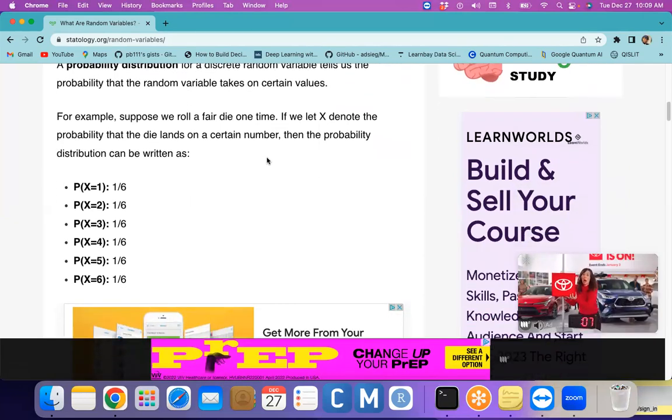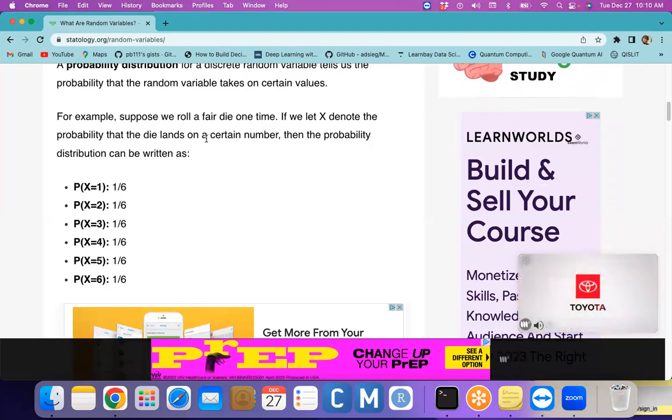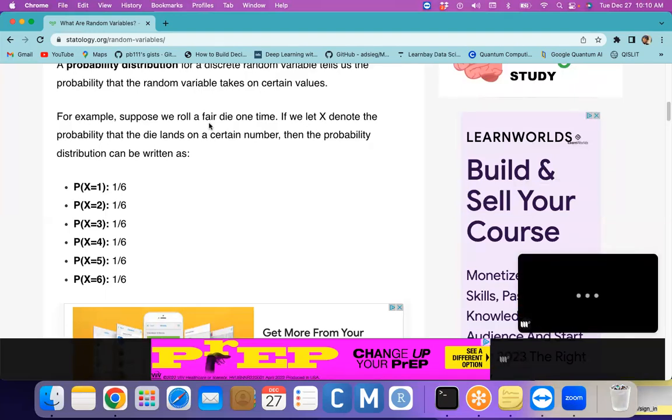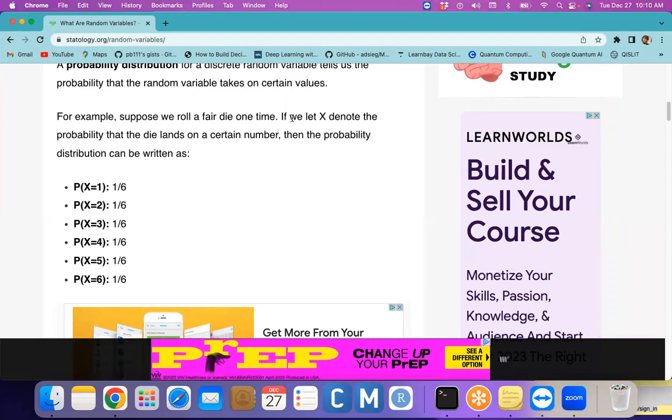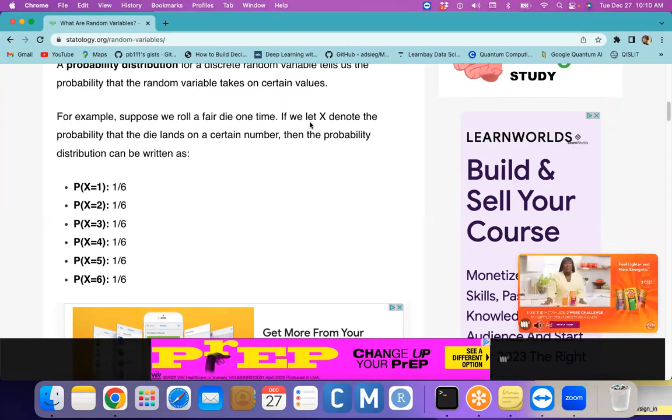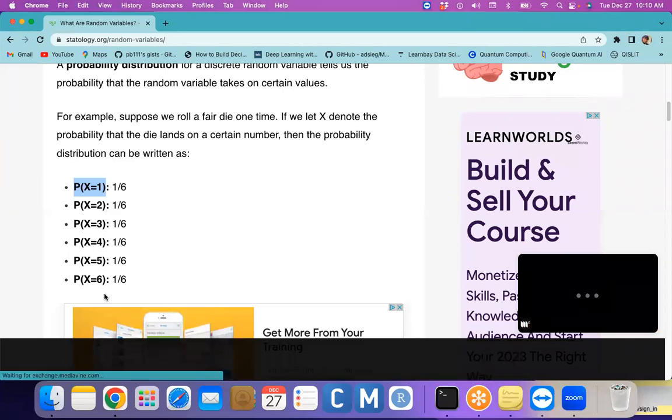Okay, let's take a small example. We roll a pair of dice one time. We let x denote the probability that the die lands on a certain number. For example, probability of x equals 1 means what could be the probability of getting a 1. Total possible outcomes are 6, right?